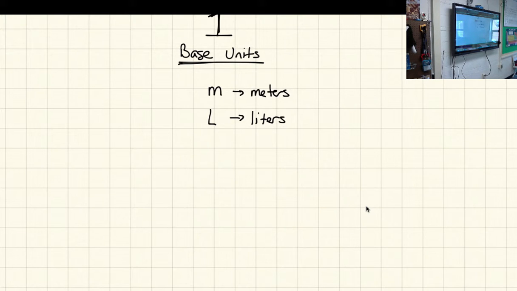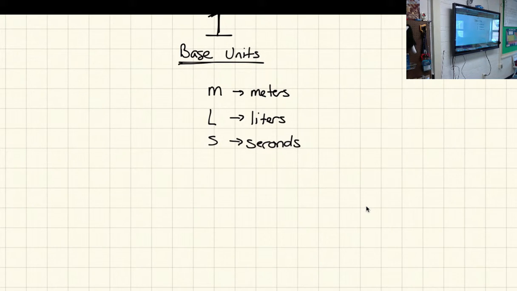Okay. And seconds, believe it or not, seconds is also a unit that we use in the metric system, seconds.